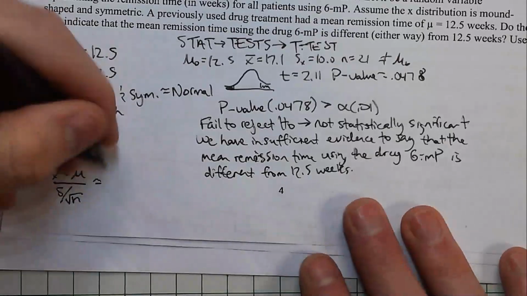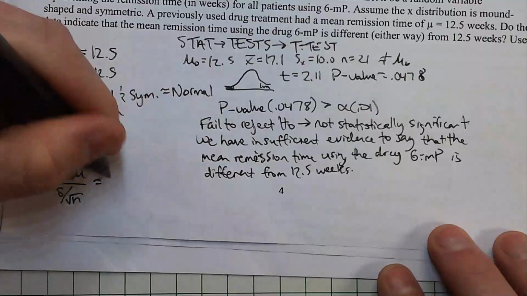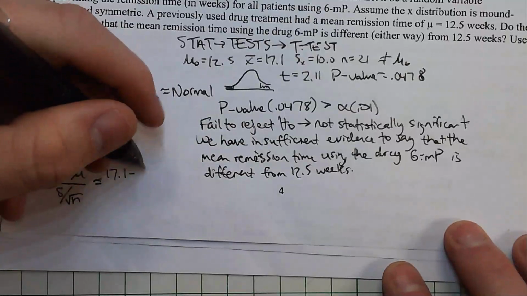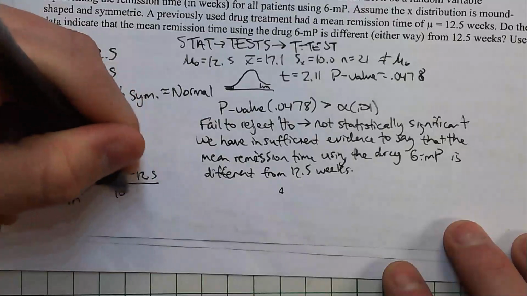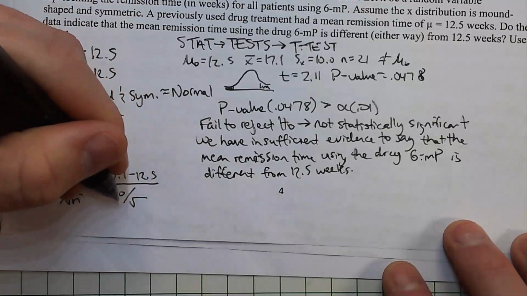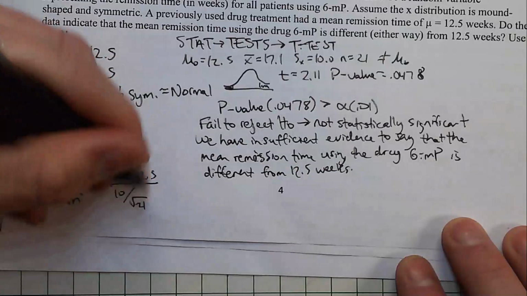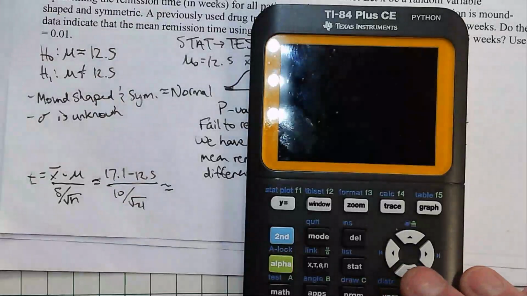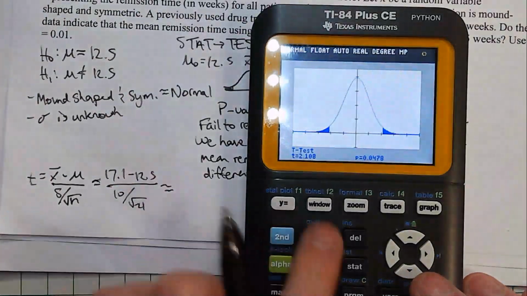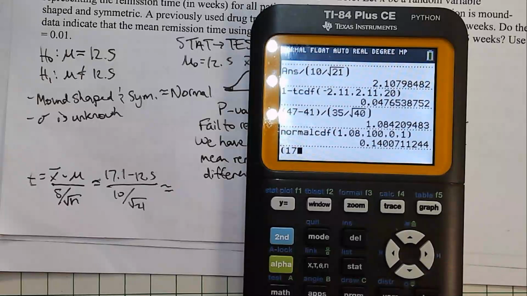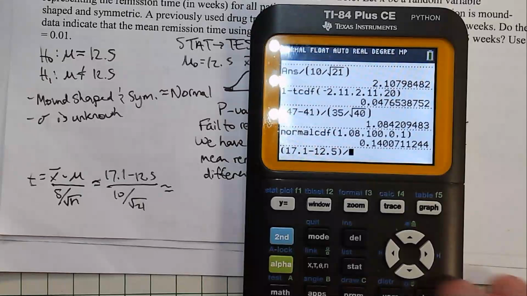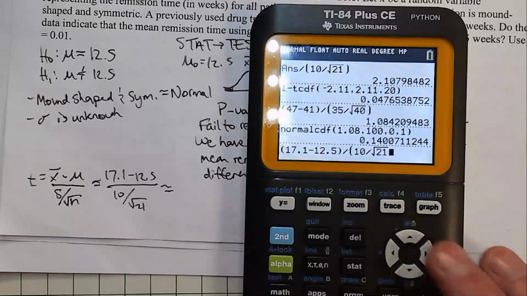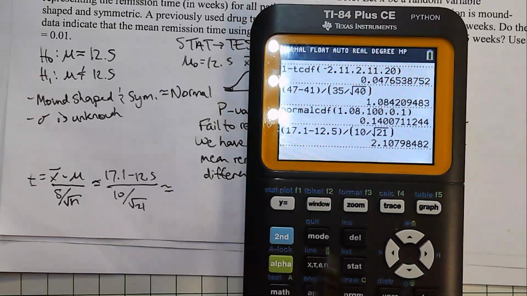As I said, this is kind of optional. So 17.1 minus 12.5 divided by 10 divided by the square root of 21. In the real world, you'll have technology for this. That's where you get the 2.11 from.